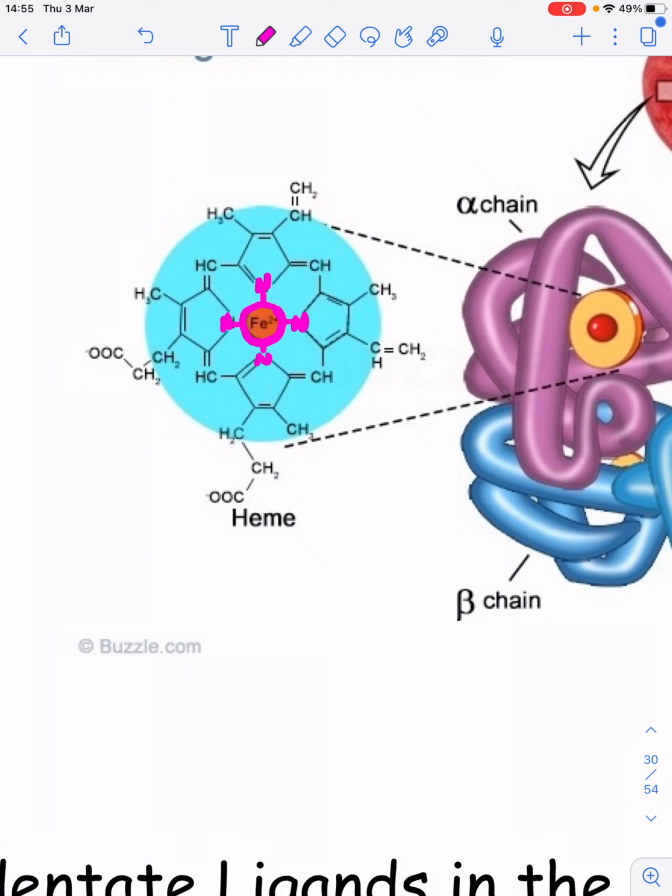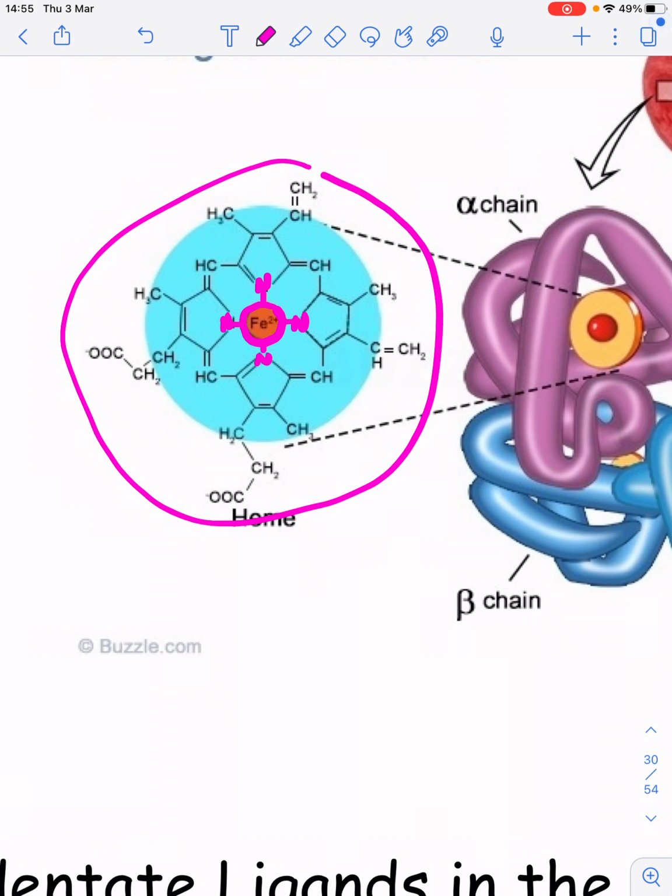But those ends are part of the same molecule. So this one giant structure here is forming 4 coordinate covalent bonds with the same ion. So the heme group is an example of a polydentate ligand.